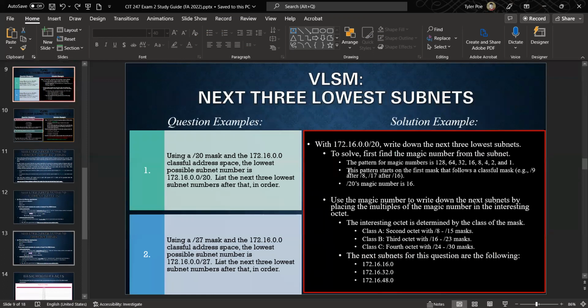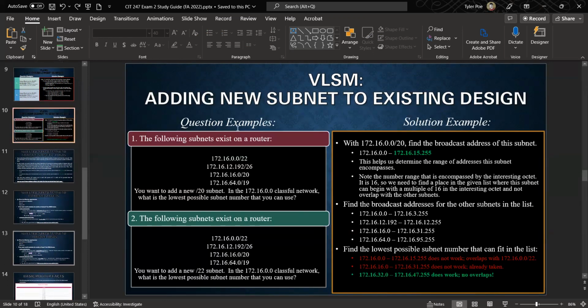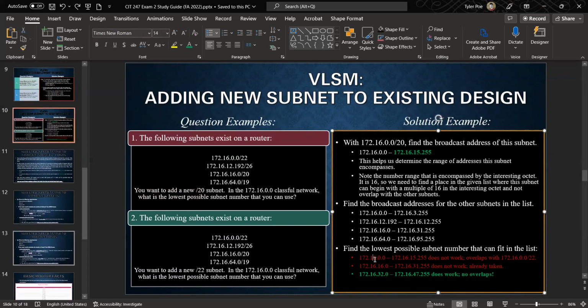Both of these processes involve just using the magic number and solving for subnet IDs. And in the case of these, where you got a list of subnets, just find the broadcast address for each of these subnets and keep doing that. Keep finding subnet IDs and broadcast addresses and make sure there's no overlap. The lowest subnet you find that doesn't overlap will be your answer. You just take the subnet ID.